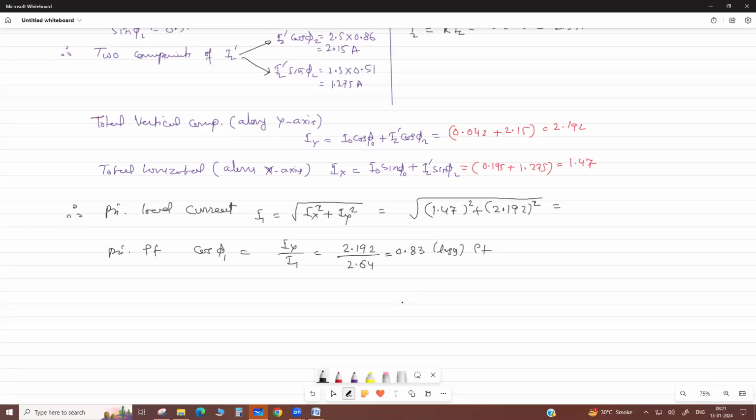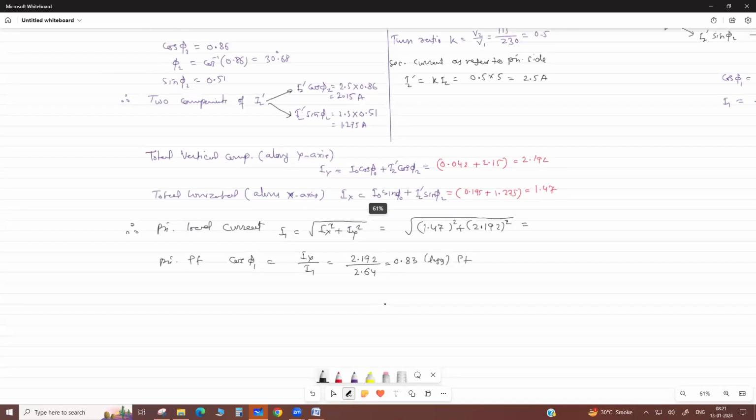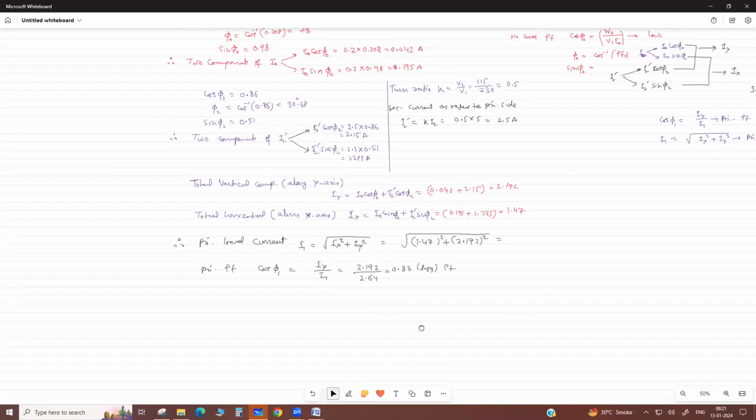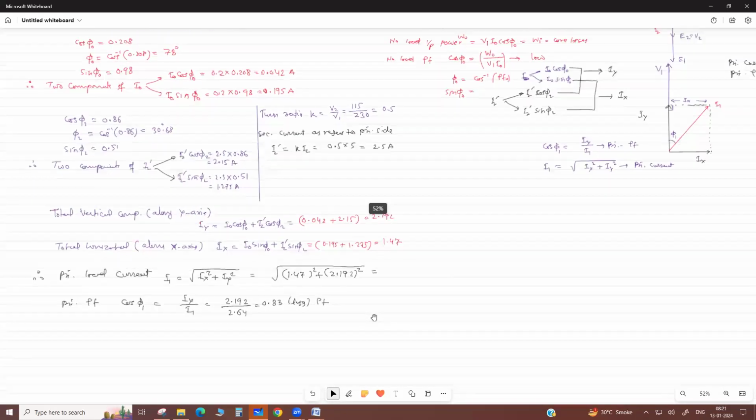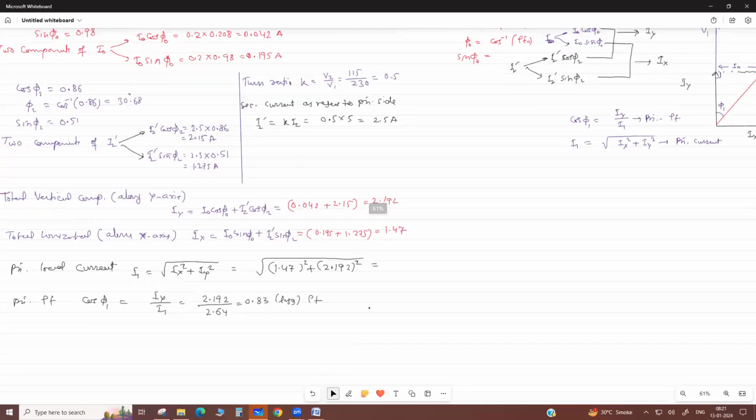Okay, this comes 2.64. Now you may say, sir, why do we do this so long? Because we can calculate the primary current from the turn ratio if the secondary current is given.